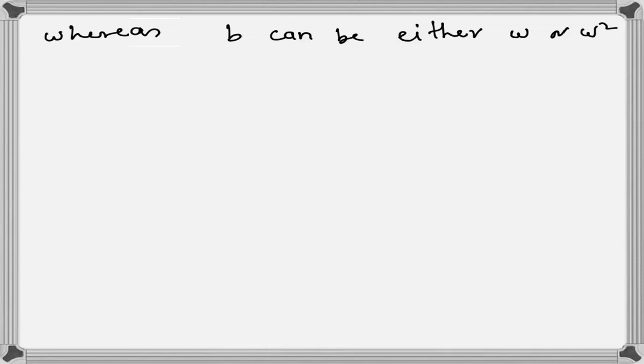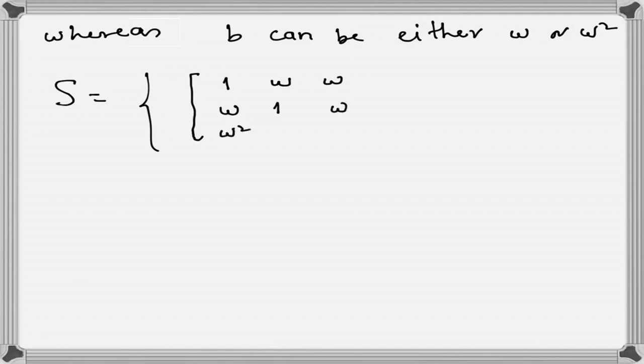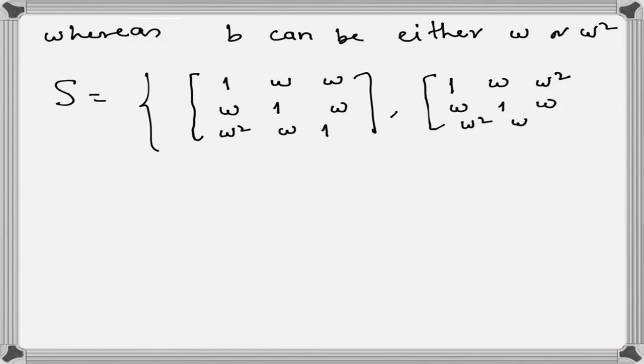Okay, so now let's form the set S. S is the set of all these type of matrices. So A and C are fixed, 1 A is W, and in place of B, first I can take W, then [1 W W; W 1 W; W square W 1]. Another can be when B is replaced by W square, [1 W W square; W 1 W; W square W 1].